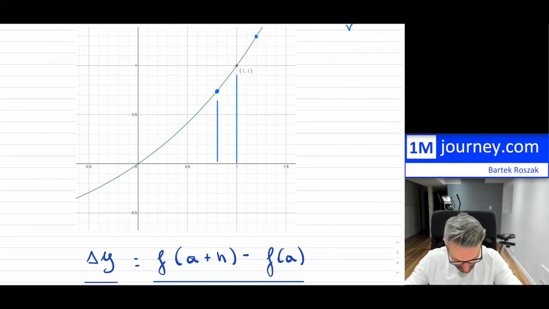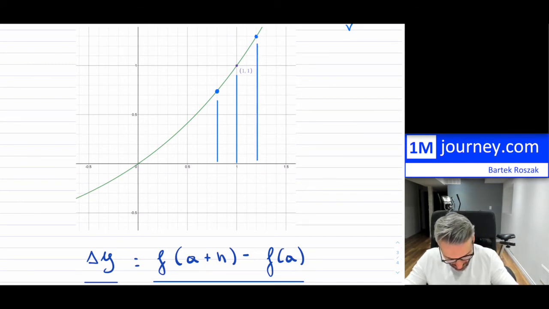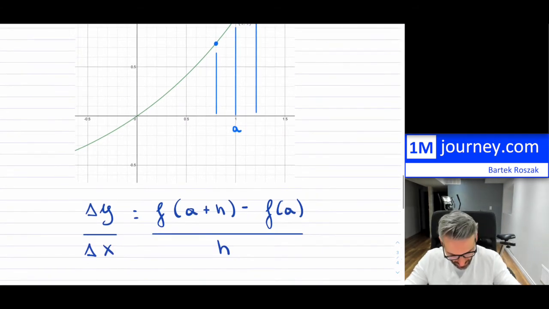I just want to show you visually what is happening. So this is my a right here. This is going to be a plus h when, let's say, h is positive. And this is going to be a minus h. So here we're going to assume that h is plus or minus some very small number.